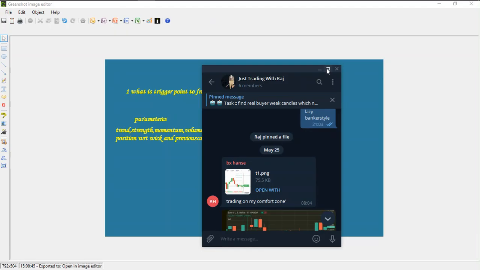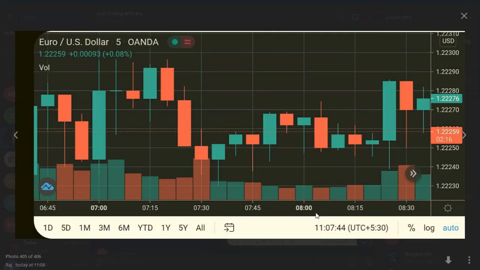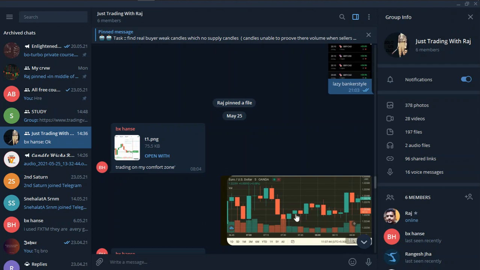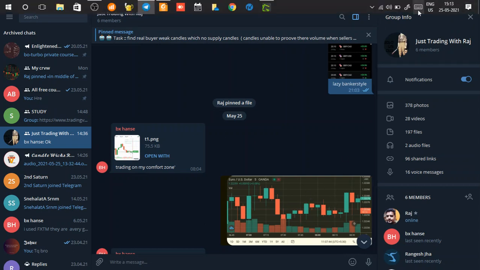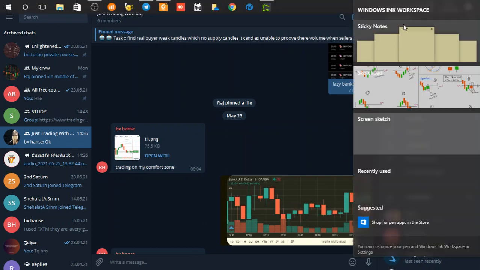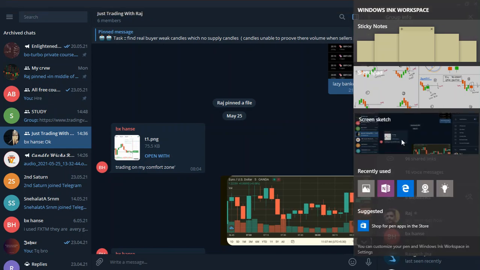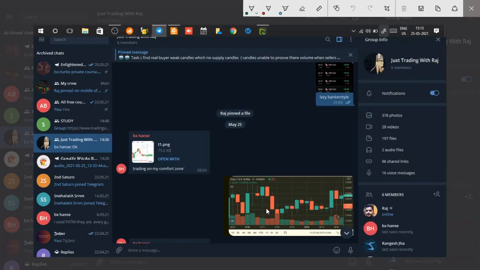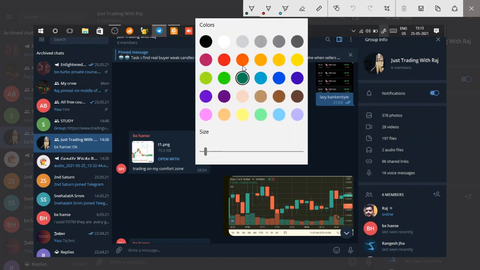If you take this image, how can we spot the entry point? See, if I open the market and I open the chart, what I need to search for in the market, that is the trigger point.